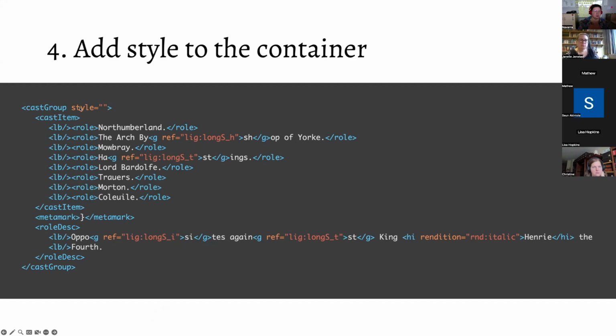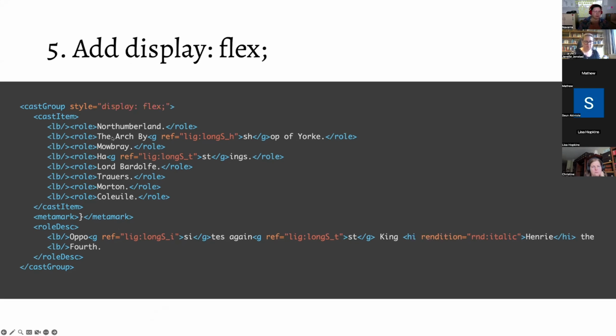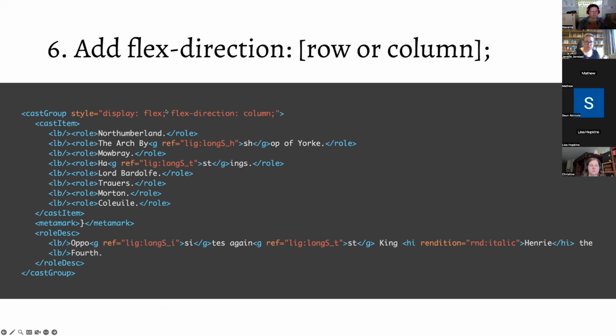The first thing that we're going to do is add style to the container element. So here, cast group is the element that contains all of this. If there wasn't a container element, we would add seg. Next, we're going to add display flex. And this says, hey, we're going to use flexbox here. Then we get to decide on our flex direction.